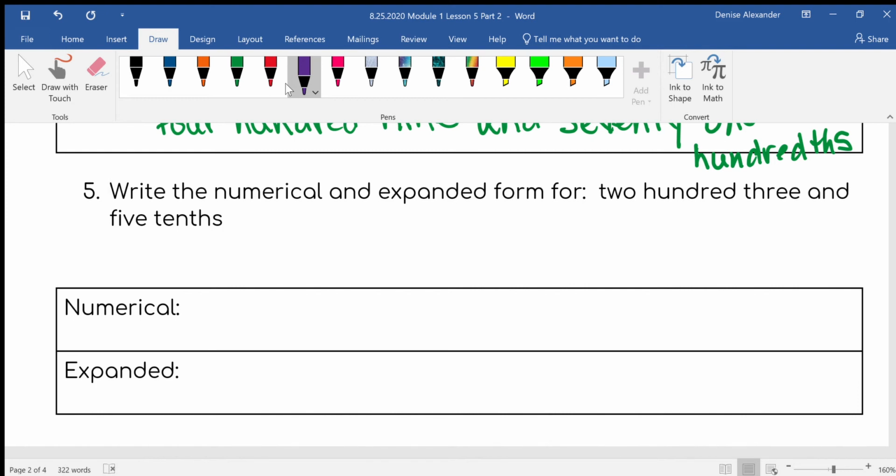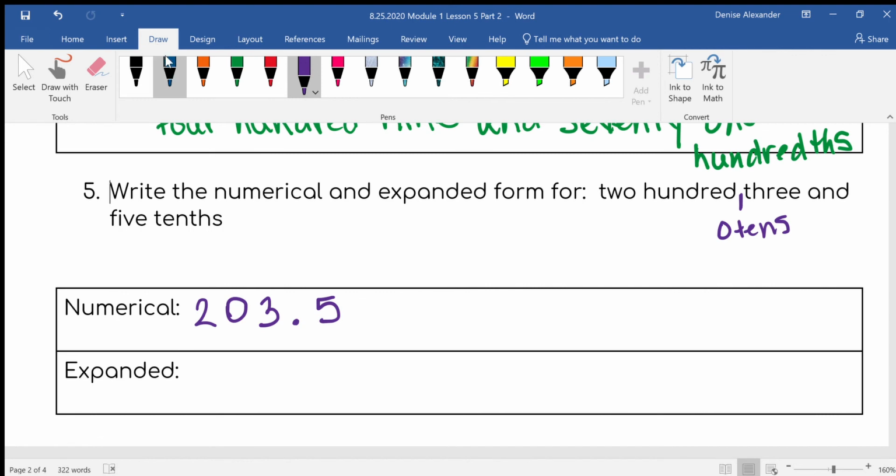Oh, look. I don't see a tens. So I remember there's no tens. So let's go ahead and write this out. 200. So I have a 2. 0 tens. You got to remember that 0, you guys. A 3. 5/10. Oh, I need my decimal. And then a 5 because the tenths is the first one after that decimal.